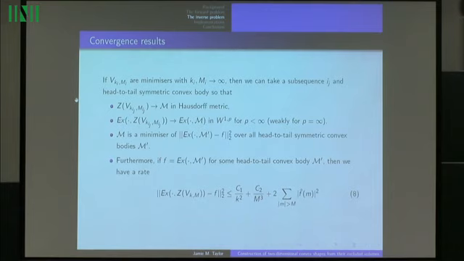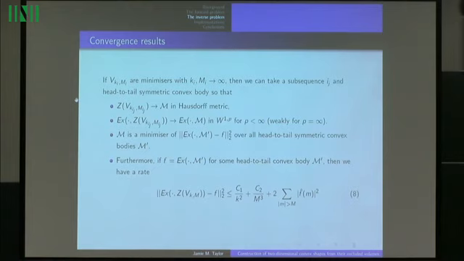The excluded volume of these reconstructed shapes will converge to the excluded volume of your limiting shape in all sorts of topologies, including but not limited to strong W^{1,p} for p less than infinity, and weak-star W^{1,∞}, sorry, that should be a star there.